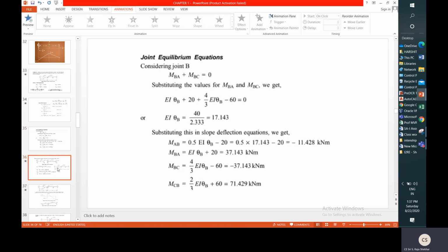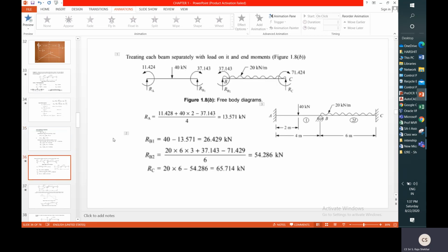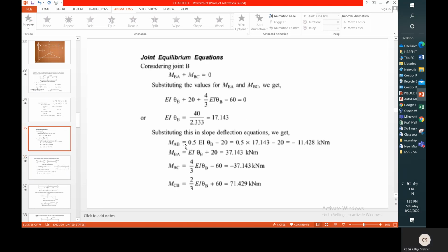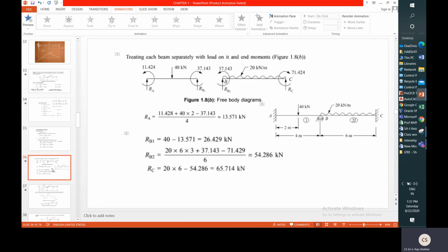Okay. After getting the final end moments, you write them here. MAB is equal to minus 11.428. Minus means counterclockwise, negative.